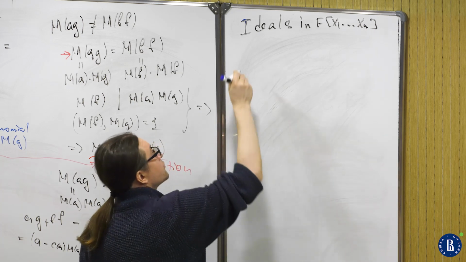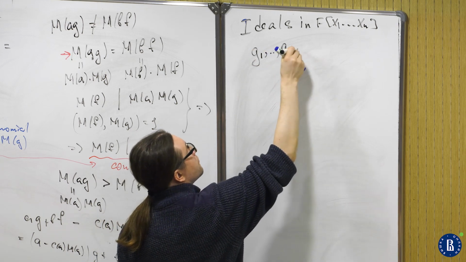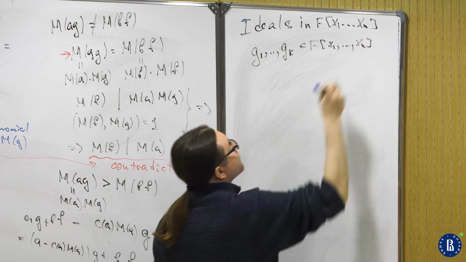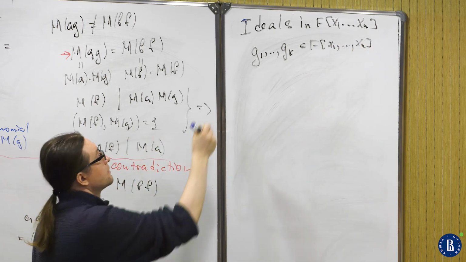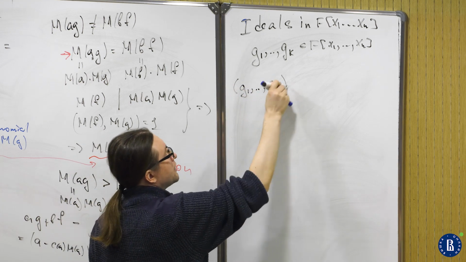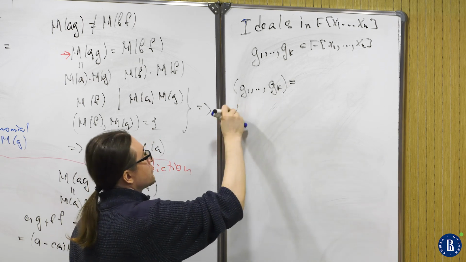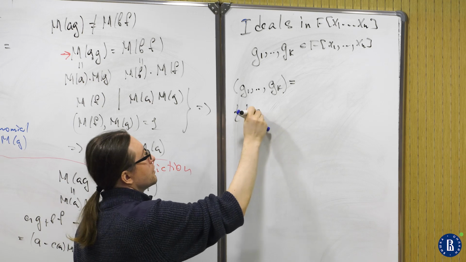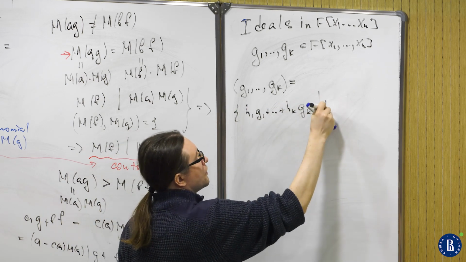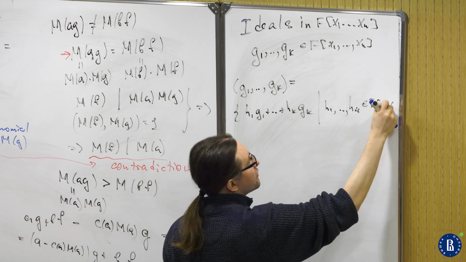First of all, suppose we're given a set of polynomials here. I want to define the set of polynomials generated by G1, ..., Gk. This is the notation, and the definition is H1 G1 plus ... plus Hk Gk, where H1, ..., Hk are arbitrary polynomials here.